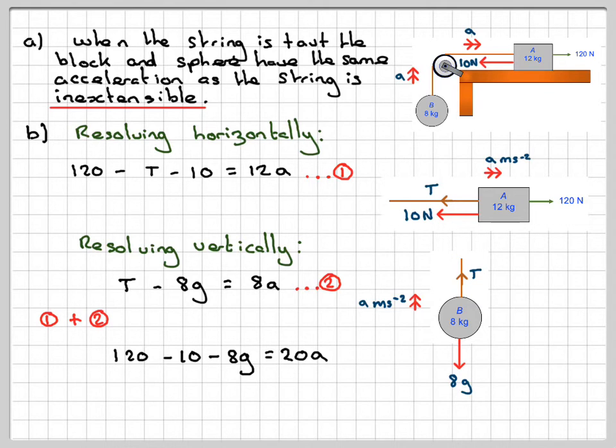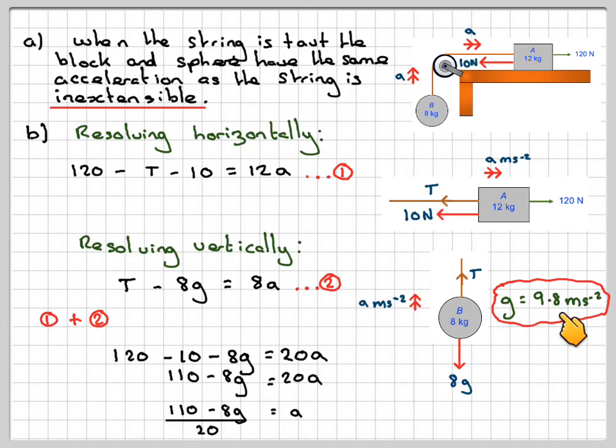Right, so 120 minus 10 makes 110, so we get 110 minus 8g is equal to 20a, and then in order to find a, we need to do 110 minus 8g divided by 20. Now remember that g in our course is 9.8 meters per second squared. So use the fraction button on your calculator and you'll get that a is equal to 1.58 meters per second squared.